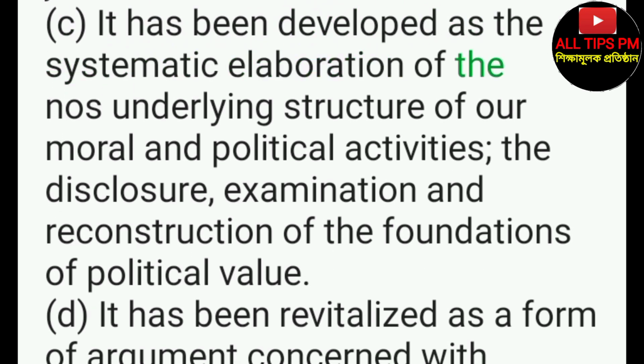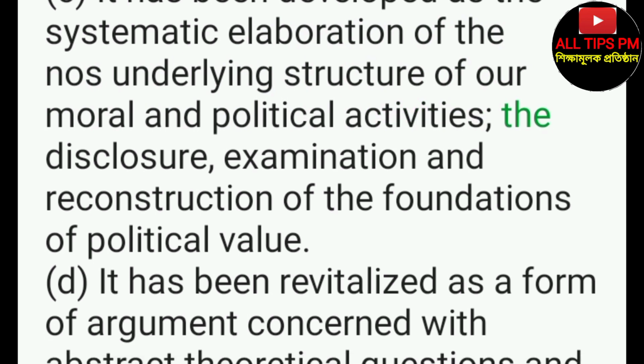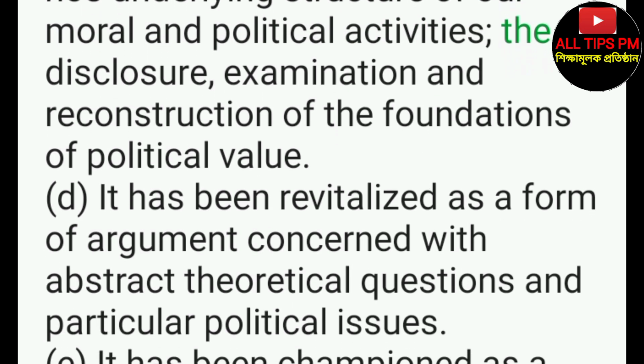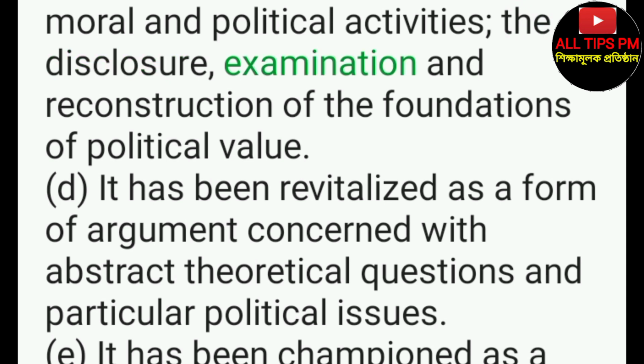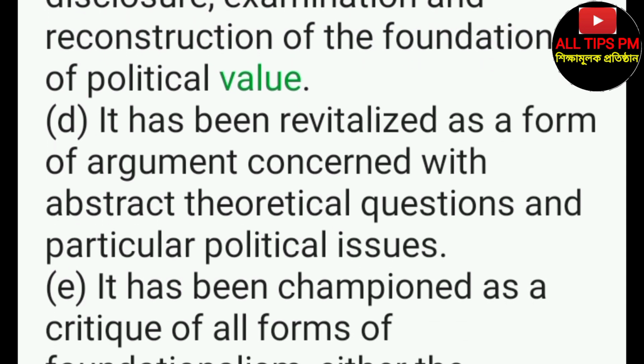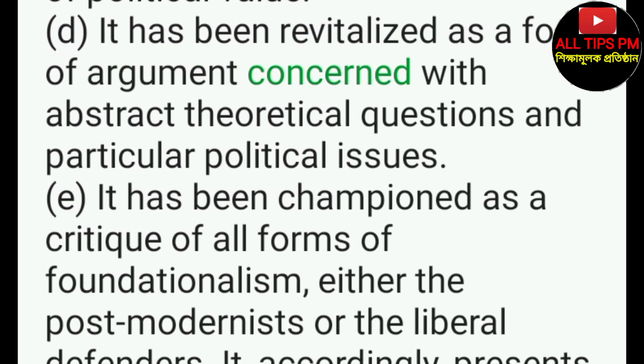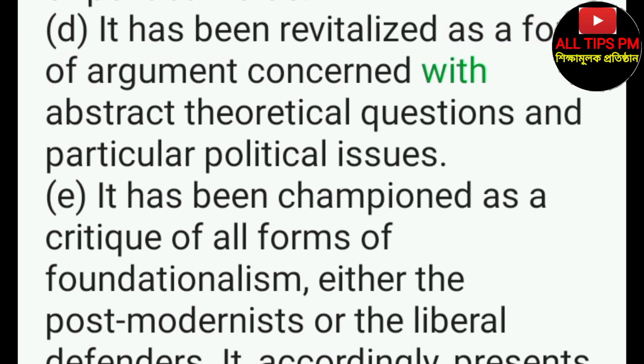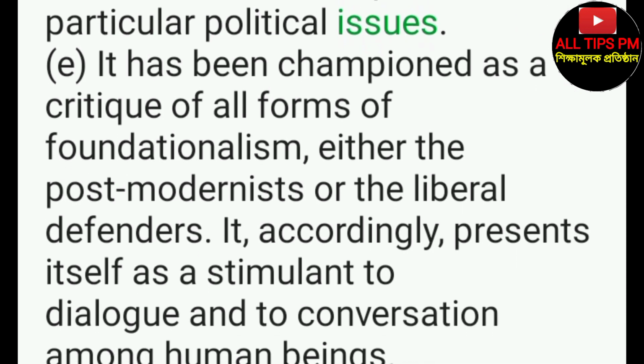C. It has been developed as the systematic elaboration of the underlying structure of our moral and political activities, the disclosure, examination, and reconstruction of the foundations of political value. D. It has been revitalized as a form of argument concerned with abstract theoretical questions in particular political issues.